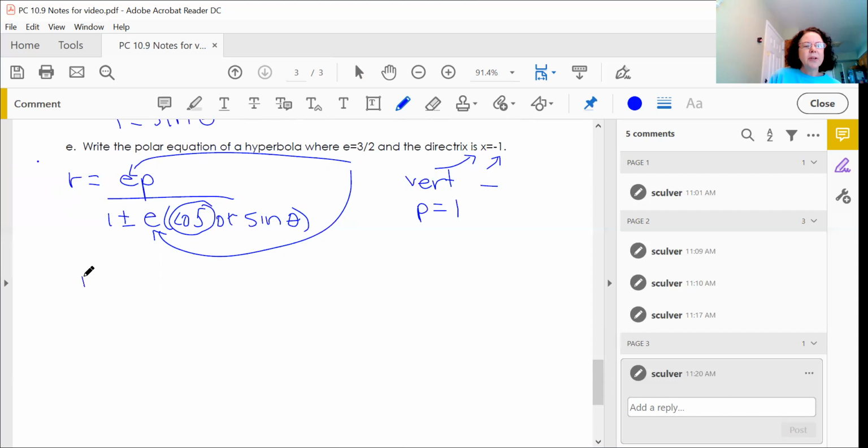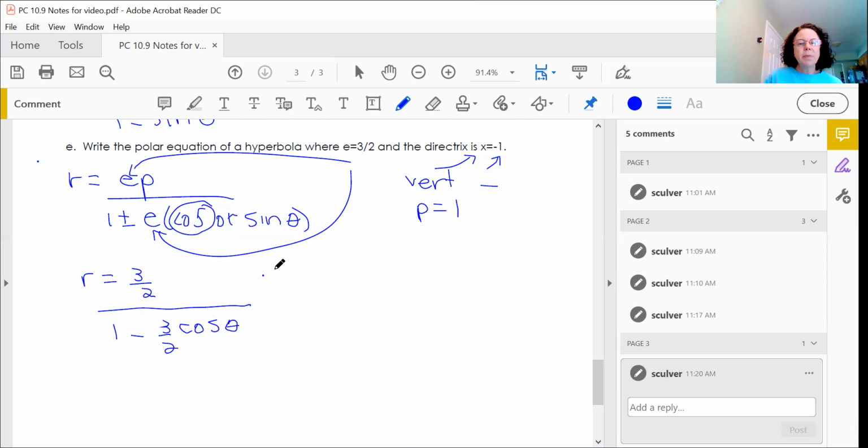Let's fill in our equation. r equals, e times p is 3/2 times 1, which is 3/2. And we have 1 minus e, which is 3/2, cosine of theta. So this is perfectly true, but you'll see they don't really keep fractions in the numerator and denominator.